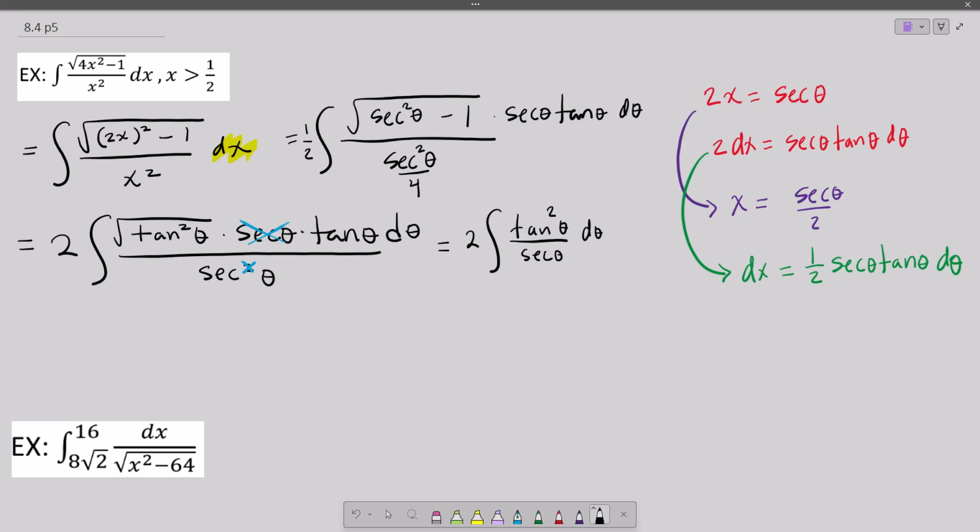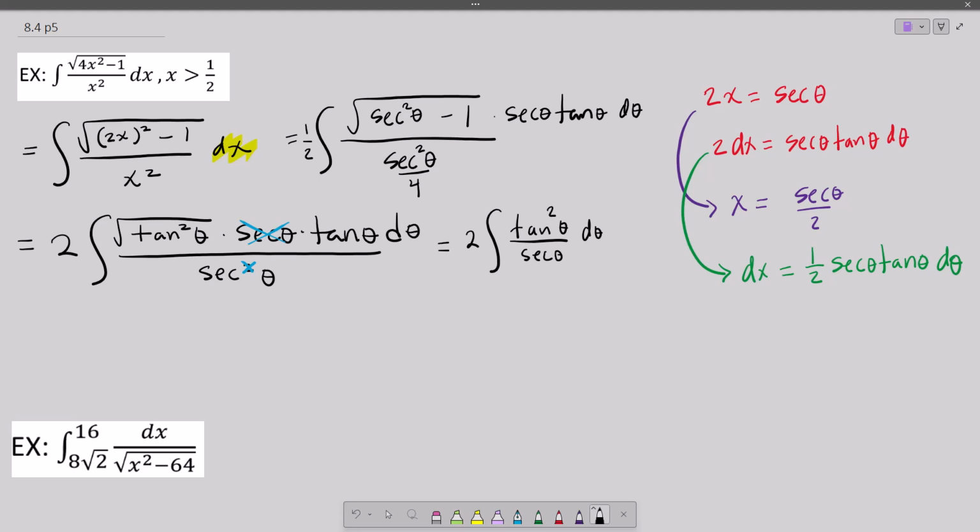This does not satisfy the secant tangent properties. Even secant, odd tangent doesn't satisfy that. If that doesn't work, you have two choices. Pythagorean theorem with the tan squared, or you can turn everything to sines and cosines. Often both will work. Sometimes one is easier than the other. Doesn't matter.